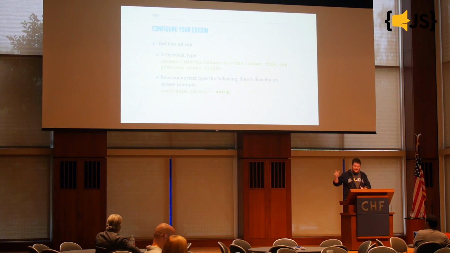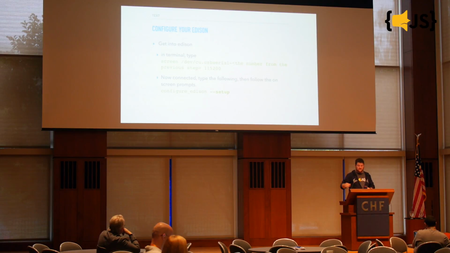You're going to take the number that you got from the lookup, you're going to go into terminal, you're gonna screen into it over a baud of 115200. So it's gonna be cu.usbserial-, the number that identifies the actual device, and the baud rate. And now we're gonna go into the configuration workflow for the Edison via command line.